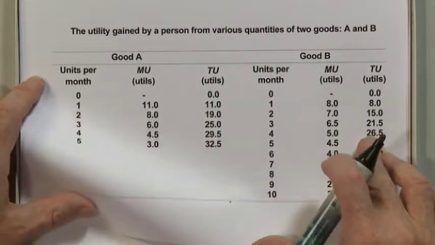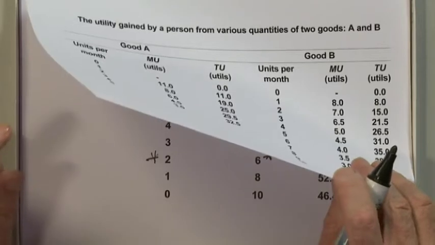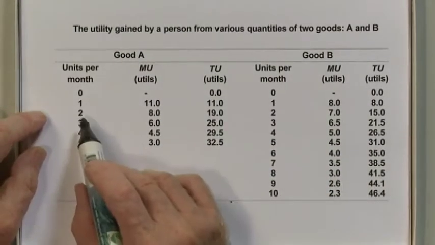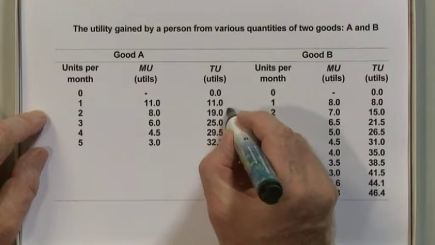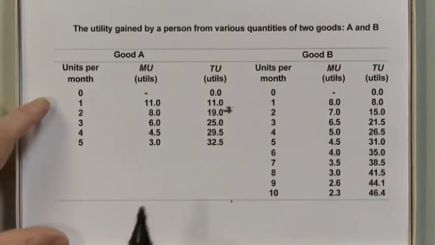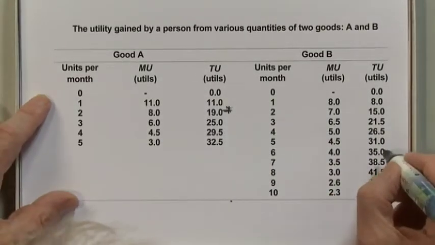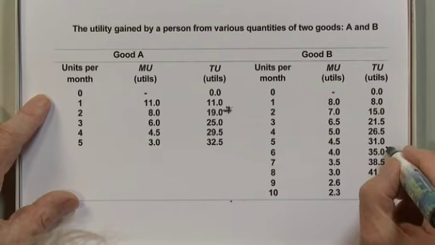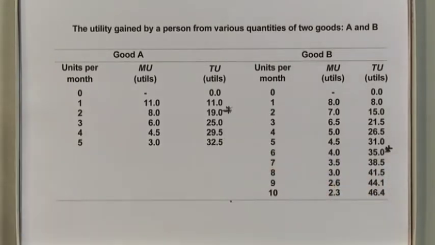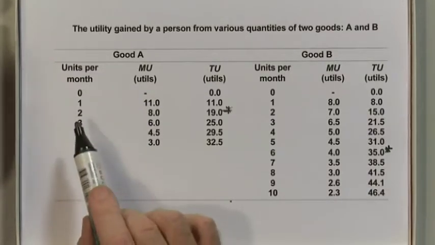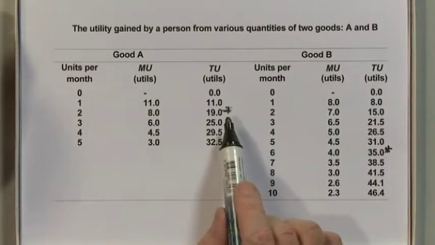Let's come back to our original table and see where we got this sum of 54. 2 of A gets us a total of 19 degrees of utility, and we said we could have 6 of B, which would get us a total on B of 35 degrees of utility. Add that up, and you've got a total utility of 54, which is more than you could have with any other combination.